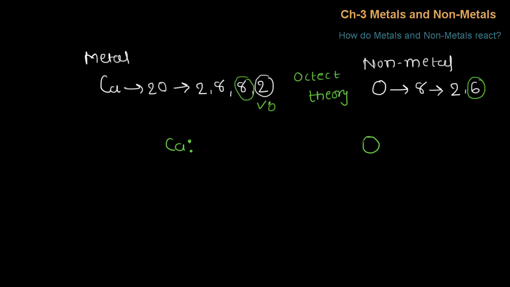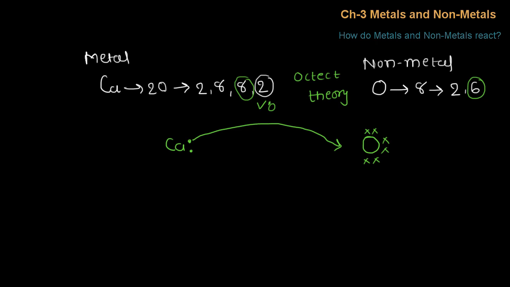Here I have made oxygen. There are 6 electrons in its valence shell, denoted by crosses. Oxygen wants 2 electrons to complete its shell. So oxygen will gain 2 electrons and calcium will lose 2 electrons. Calcium will give 2 electrons to oxygen.